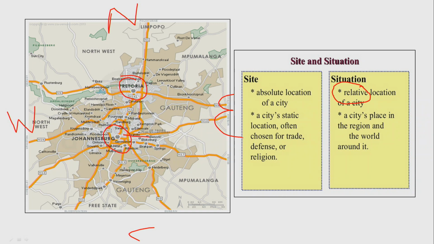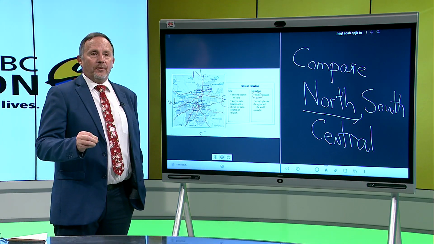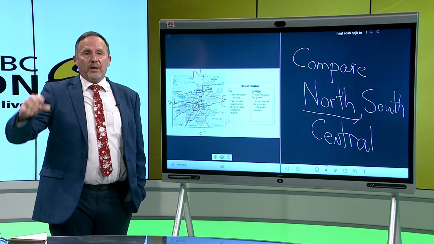No. Midrand might be centrally situated. Pretoria, on the other hand, here up in the north, it is in the north of Gauteng. So that is a word we can use to describe the situation, not the physical, not water, not mining. It's just a description of one place compared to another.